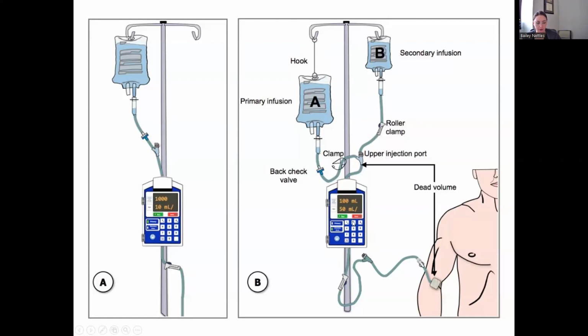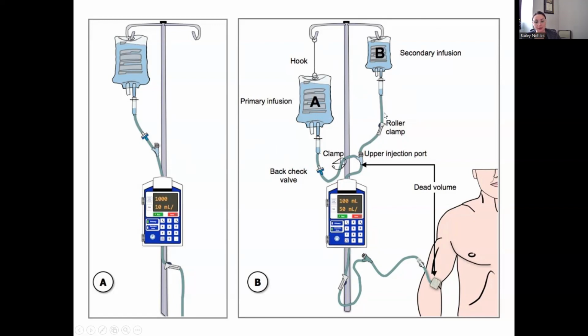So we're going to help the little machine out by putting this higher than that. So we connect it to that little Y site, and then we set the pump to give the secondary infusion. The piggyback can be concurrent, which means both of them go at the same time, or it can stop A, give all of B, and then restart A. It's a very smart pump.